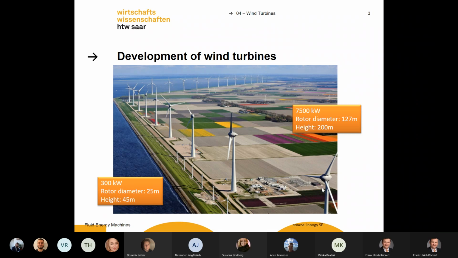You can even see the construction site. They built a small construction site, and they have some cranes where they're still under construction. And these wind turbines have about 7.5 megawatts, 7,500 kilowatts. They are really high, 127 meters rotor diameter and a height of about 200 meters.